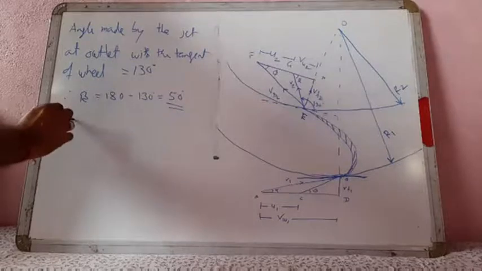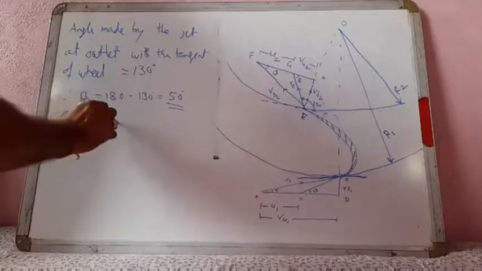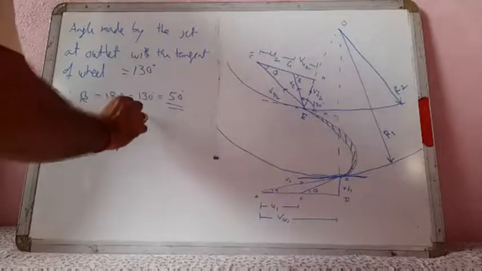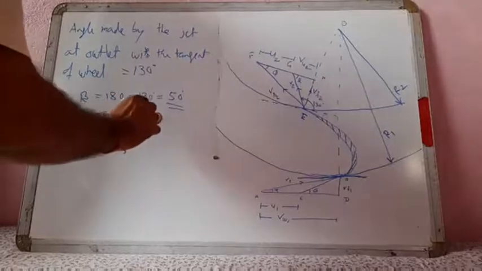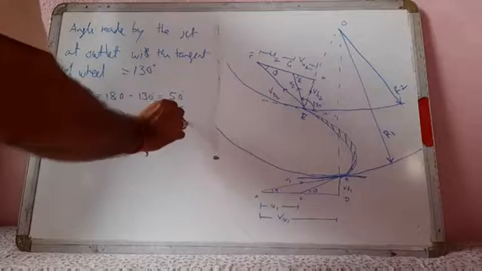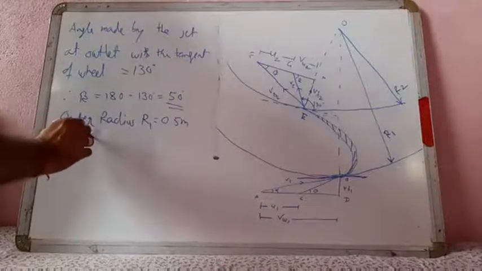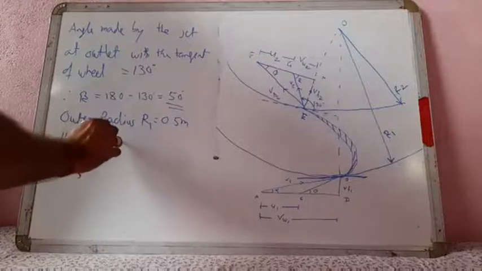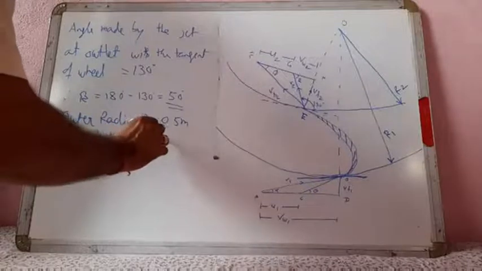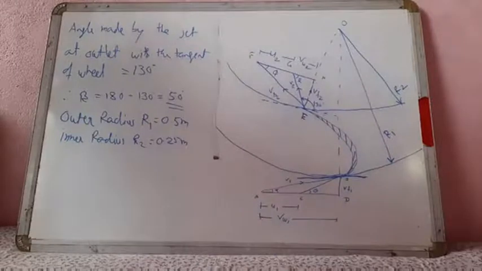Outer radius R1 is given as 0.5 meter and inner radius R2 is given as 0.25 meter.